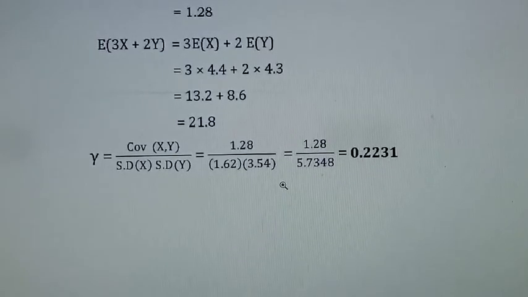Among your first PUC concepts, according to my knowledge, central tendency and univariate and bivariate analysis are important. In the same way, probability and random variable have equal weightage. So these four chapters are very important.